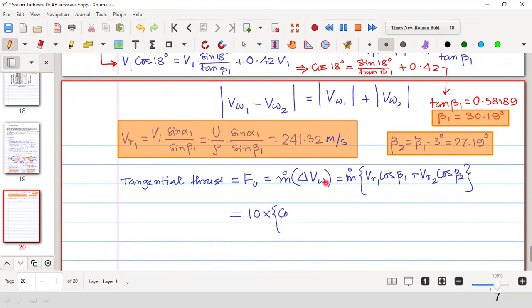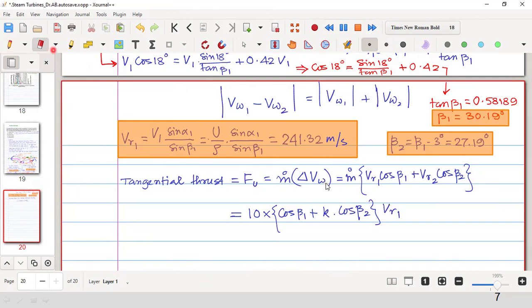So if I just take out VR1, then I can write this as cos beta 1 plus VR2 by VR1, that is K, multiplied by cos beta 2, multiplied by VR1.